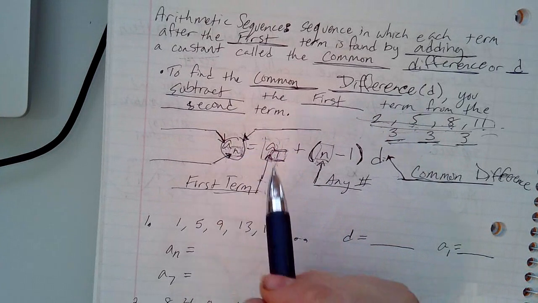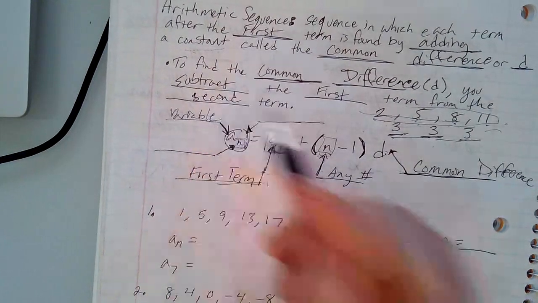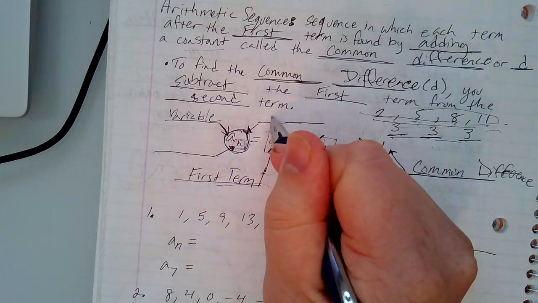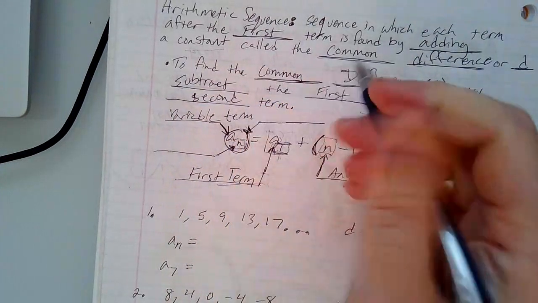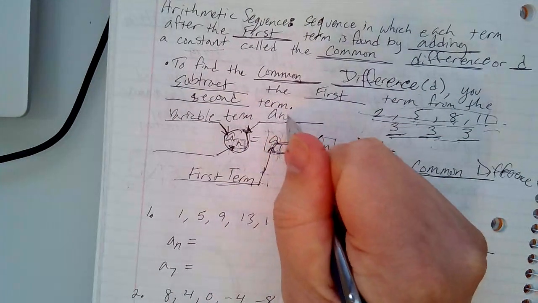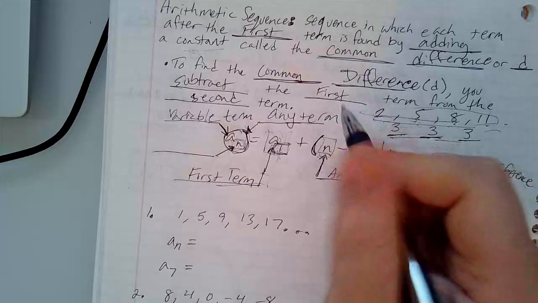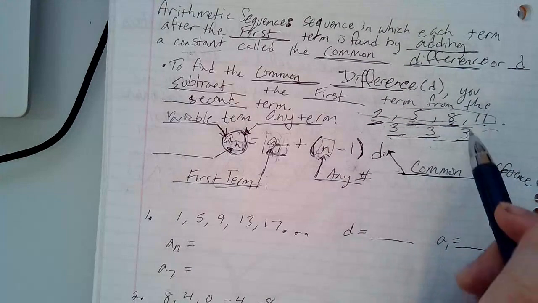Okay? A is our variable. A sub n represents the term, our variable term. A sub n represents any term. This is a term, this is a term, this is a term.